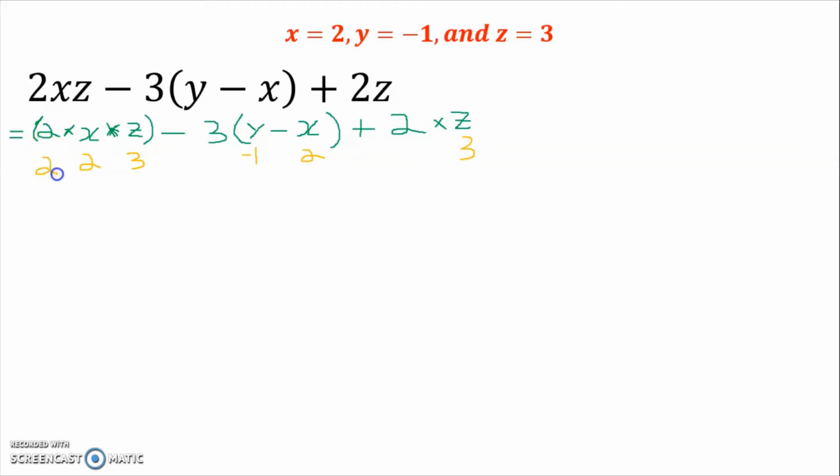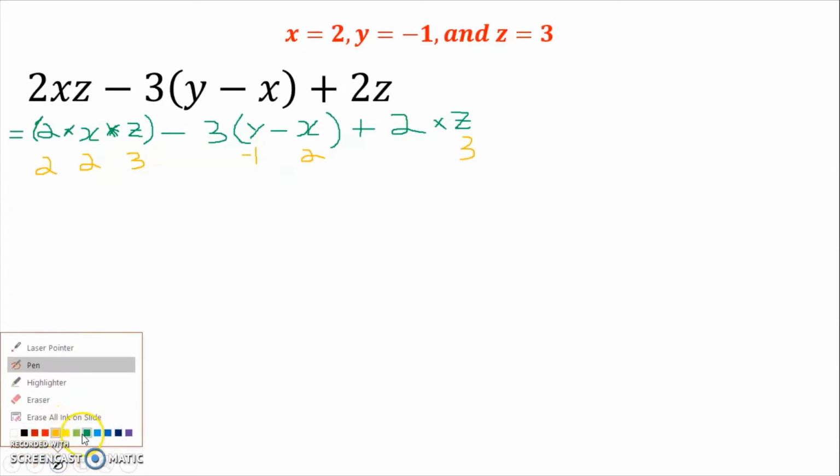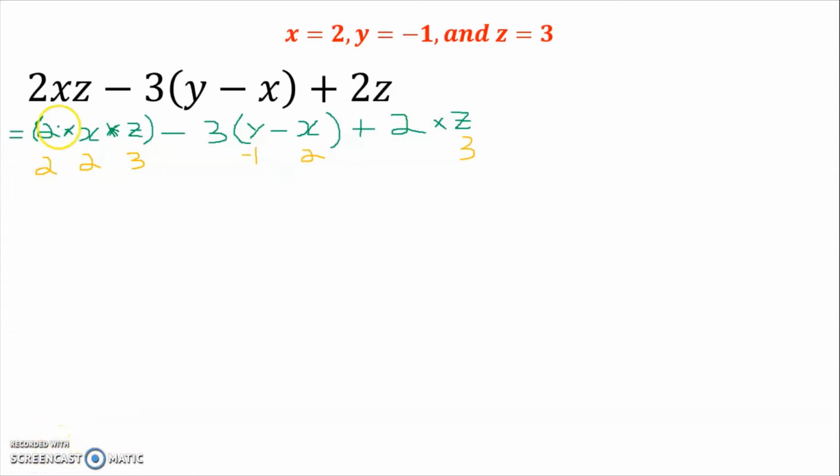I'll write it in the same green color for you visual learners. So we get 2 times this 3, subtract 3, open bracket, bring down our subtraction sign, close our bracket, bring down our addition sign, and bring down the 2 and the multiplication sign.